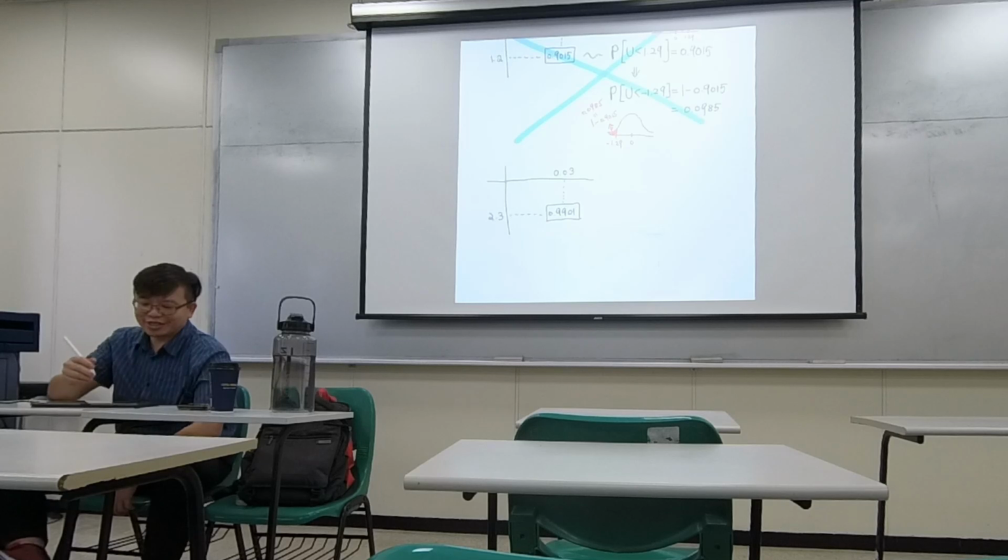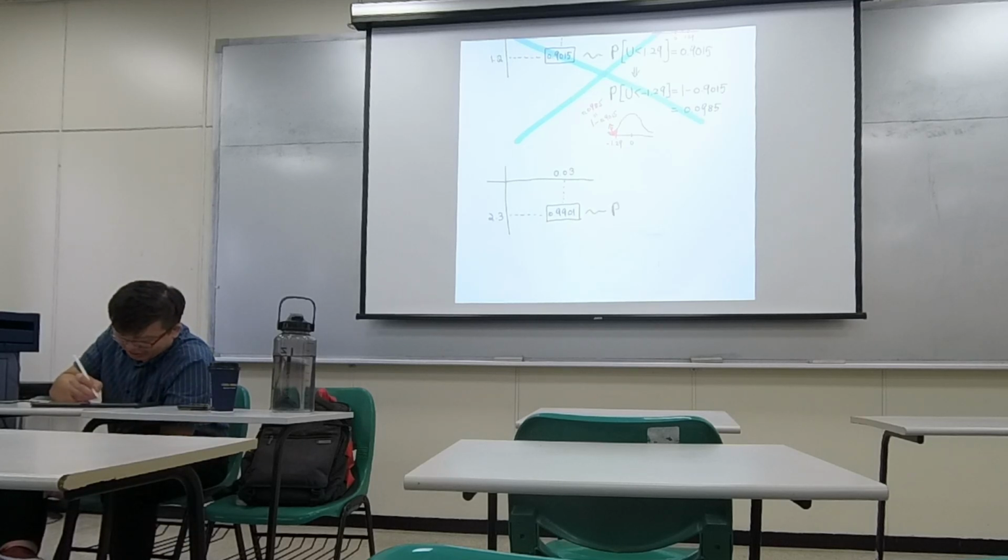Okay, so what does that mean again? This means the probability of a standard normal variable smaller than 2.33 equals 0.9901.